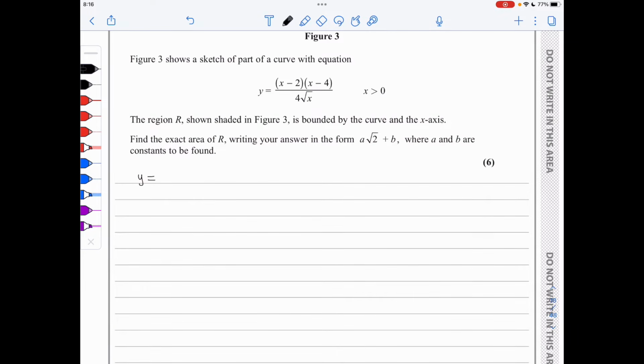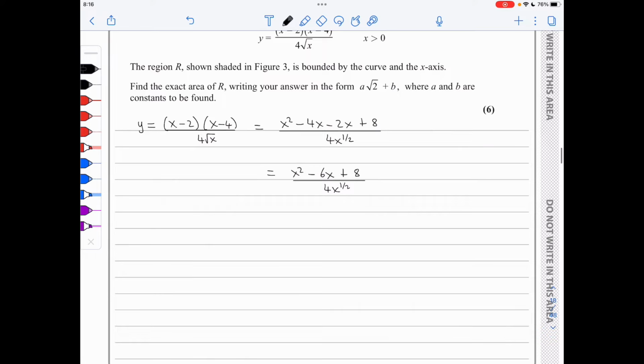Before I actually proceed with integration, I will take the expression for y and write it in index form. So y is (x minus 2) times (x minus 4) over 4 root x. I will expand the numerator to get x squared minus 4x minus 2x plus 8 over 4x to the half. This is x squared minus 6x plus 8 over 4x to the half. And I will write this term by term.